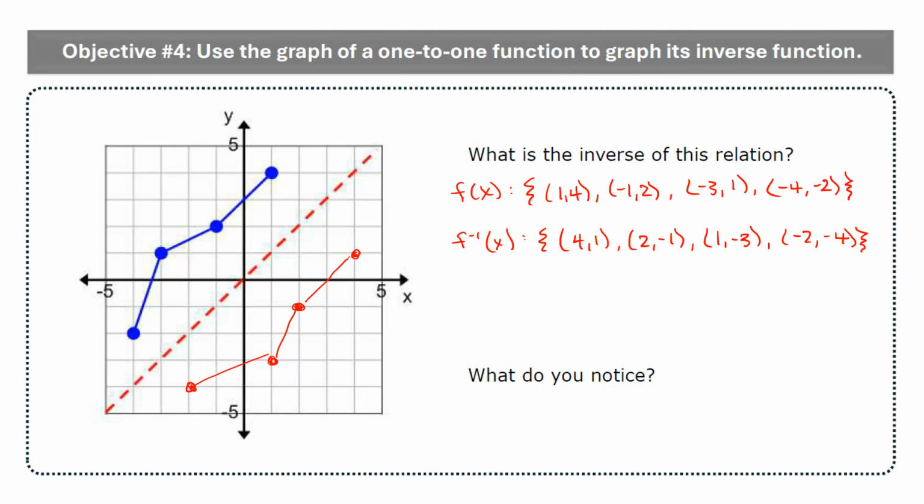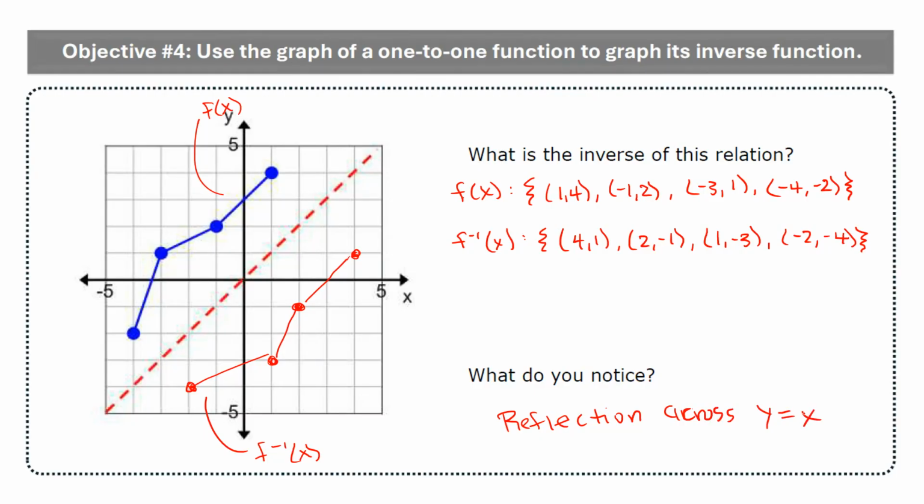So what do you notice about this inverse function? Well, I know this blue here represents f of x, and the red here represents the inverse of f of x, and they seem to be mirroring each other across this dashed line. So that would mean that they reflect across the line y equals x.